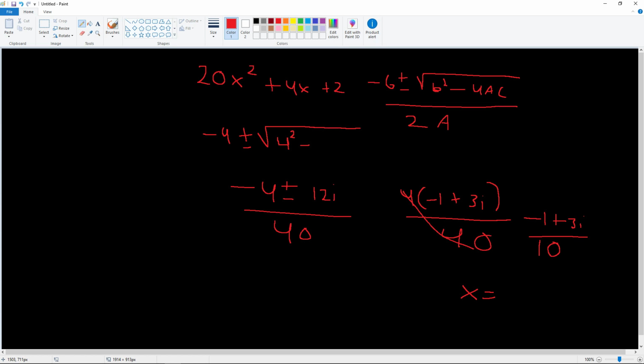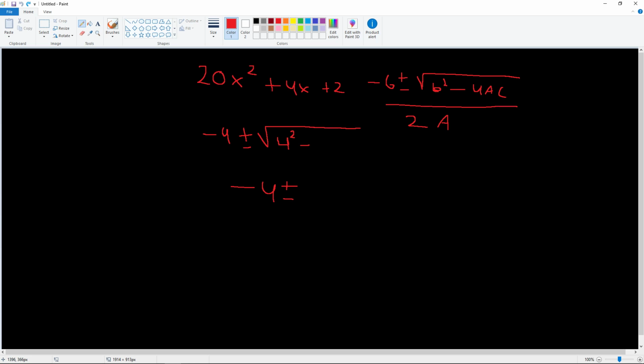So this will be x equals negative 1 over 10 plus 3i over 10. So that's our answer for x. Now we have to do one more equation in the minus form. So let's go ahead and tackle that, rewrite all this.